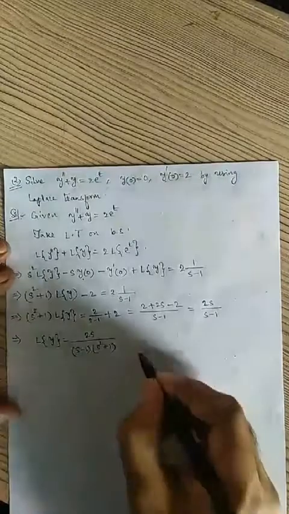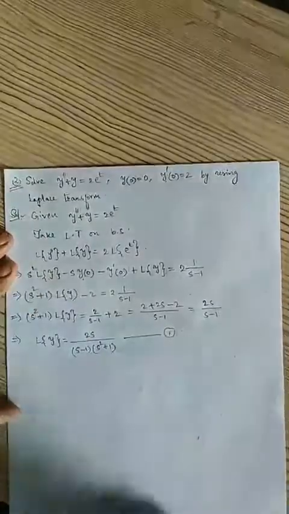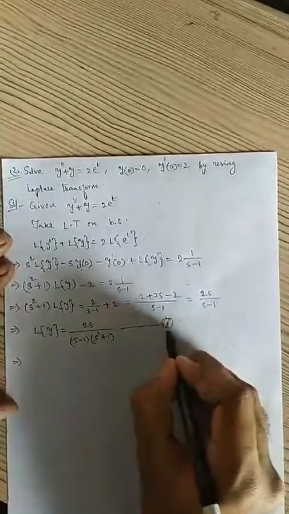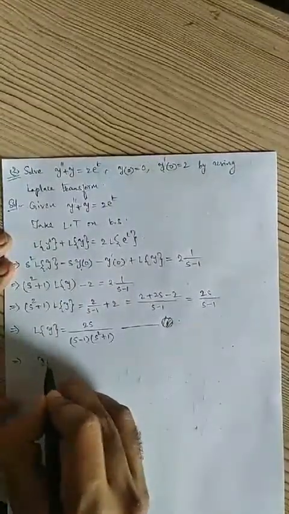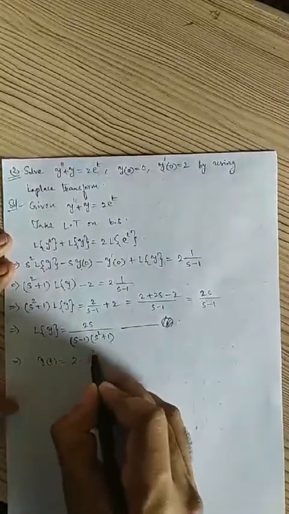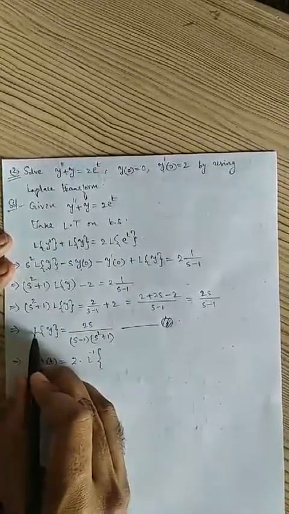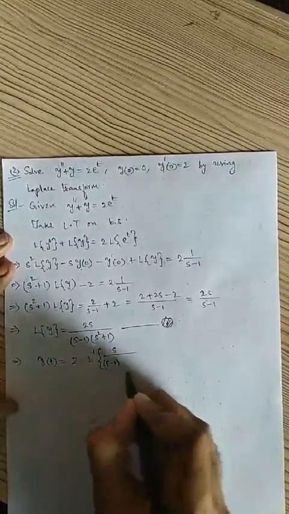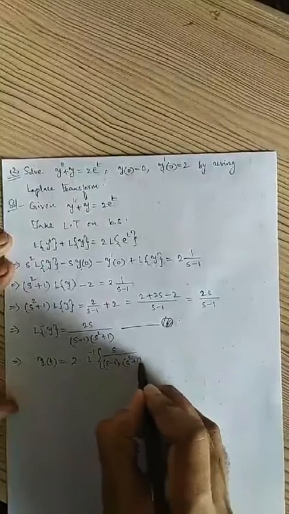Further, y of t equals 2 into Laplace inverse of, taking this Laplace transform to that side, s by s minus 1 into s square plus 1.